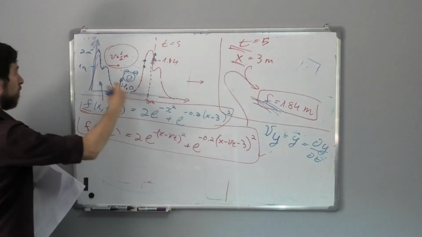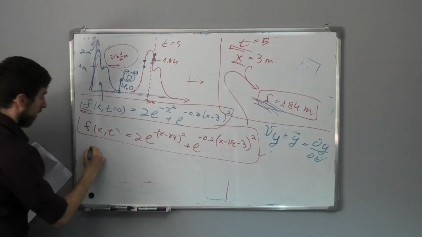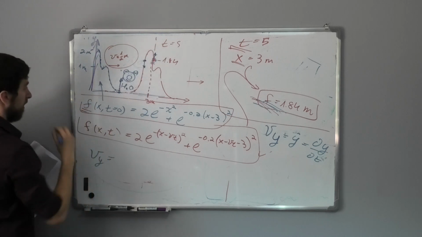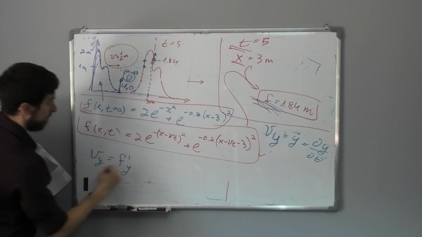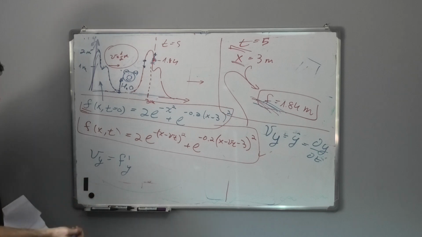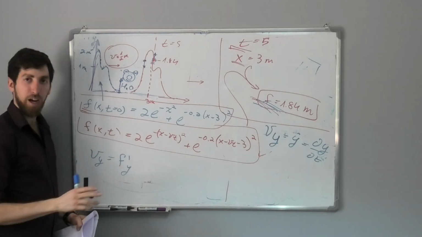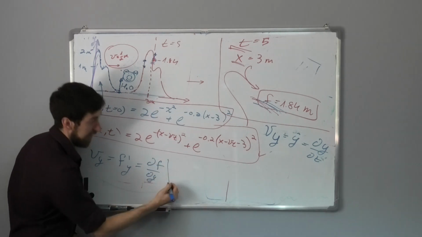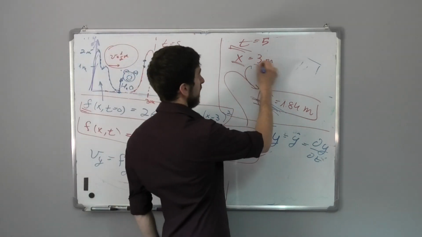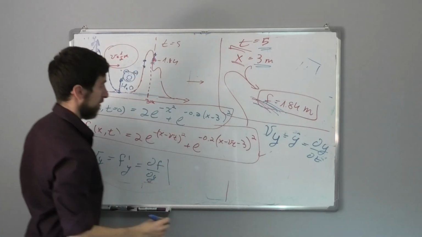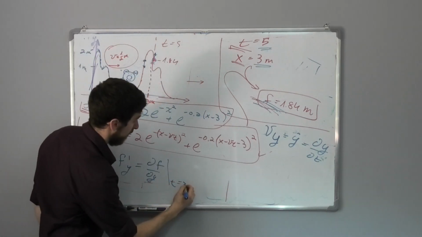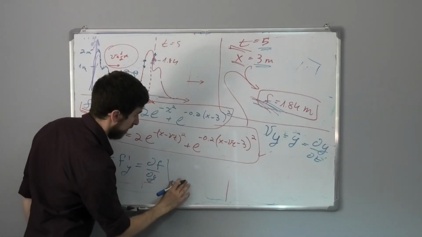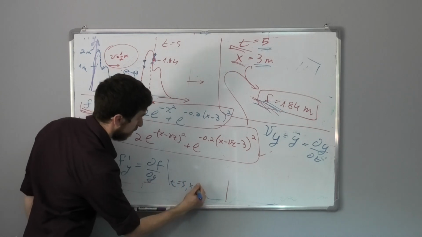So I know what y is, I know f, so Vy is just the derivative of f. I know the derivative, but at the end I want to put specific parameters: t equals 3.5 and x equals 3.